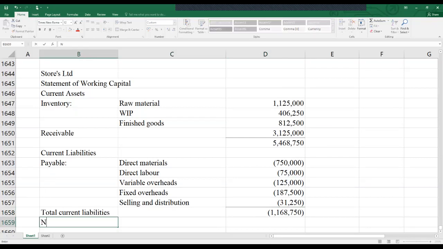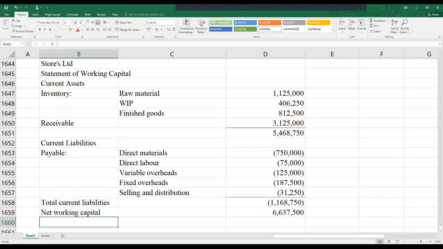Net working capital is simply getting the excess of current assets over current liability, so it is equal to 4,300,000. That is the company's net working capital, and that's what you are required to have done in that particular question.